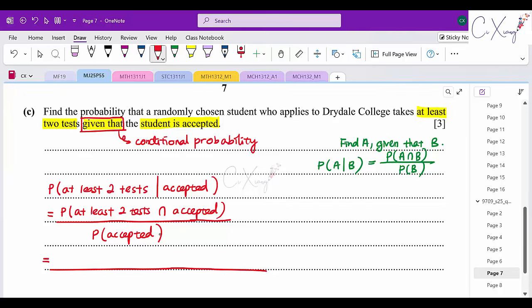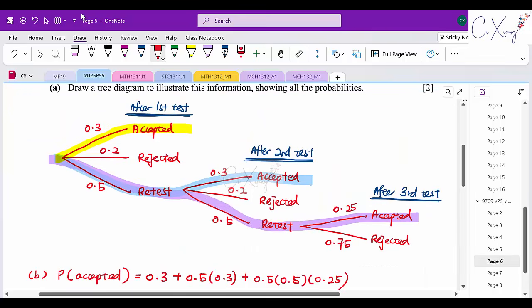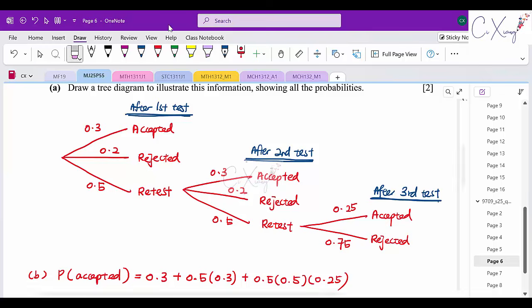Okay, then let us continue and see what the possible cases are where the students take at least 2 tests and are also accepted. We have to refer back to our tree diagram again. I erase everything first. For all the outcomes here, which one gives you the idea where the student takes 2 tests or more, but is finally also accepted?